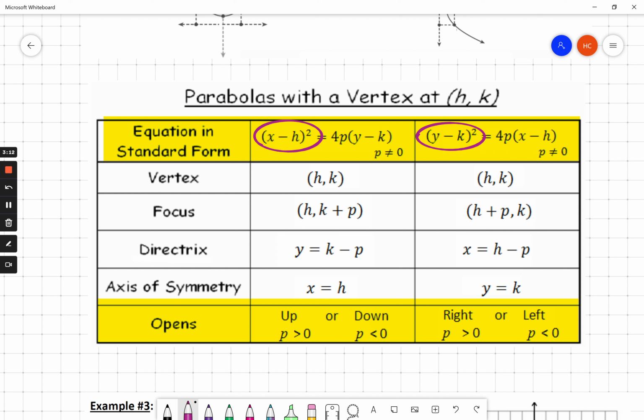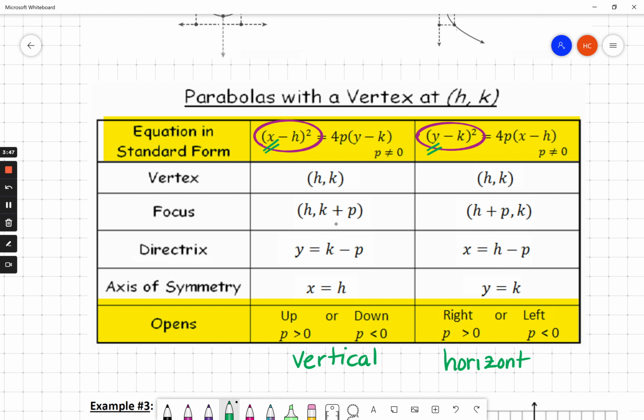One thing I want you to recognize too is when a parabola is horizontal or vertical. When the x is being squared, so right here where the x term is being squared, notice that our graph is going to open upward or downward. So in this scenario, our parabola would have a vertical orientation, whereas if the y quantity is being squared, it's going to be a horizontal facing parabola.